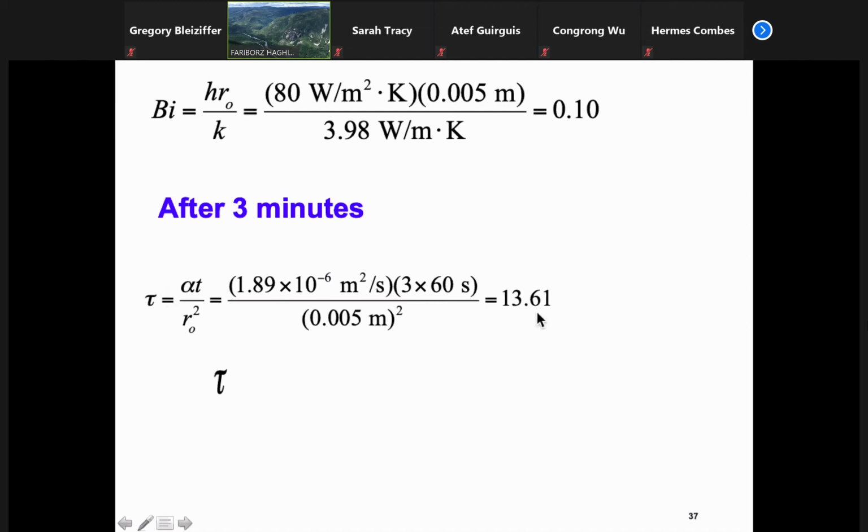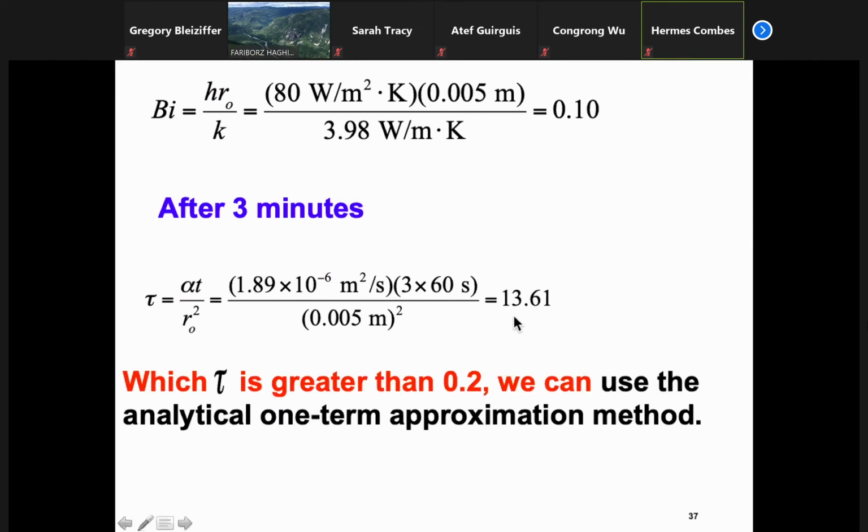I believe it's more than 0.2. Am I correct? Yes, this is more than 0.2. Therefore, tau, the Fourier number, is greater than 0.2. We can use the analytical one-term approximation technique. We do not need to look at all terms because the Fourier number is more than 0.2.